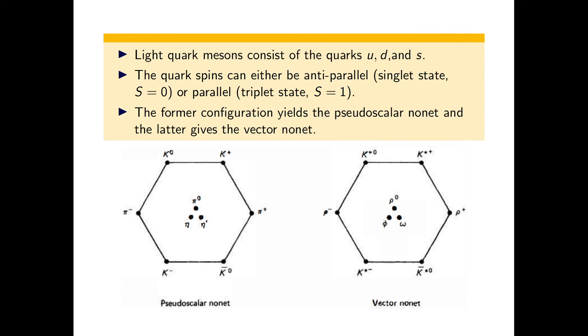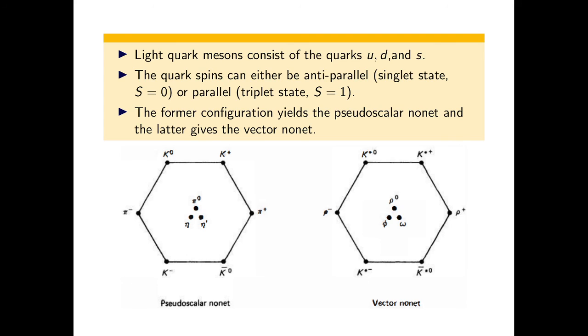The three lightest quarks are the up, down, and strange quarks. The quark spins are either anti-parallel or parallel, where s is equal to 0 or 1 respectively. Those configurations give the pseudoscalar and the vector mesons. Pseudoscalar mesons mean that the parity is odd, but the spin is 0.